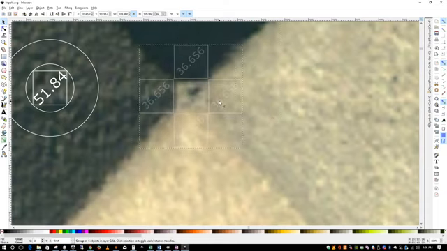Alright, and then just to show you that it's actually the square root of 2, we take the 5184 and we can place it right on top of there. So the diagonal of that square is 51.84 feet, which is actually the angle or the slope of the pyramid.